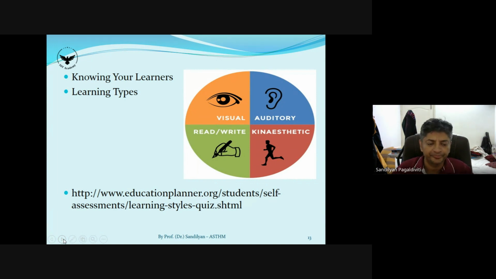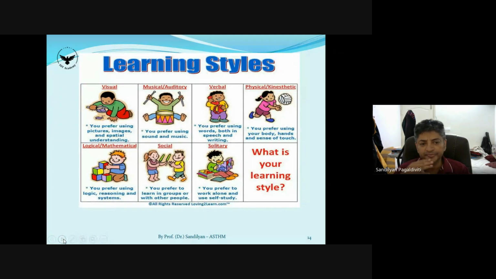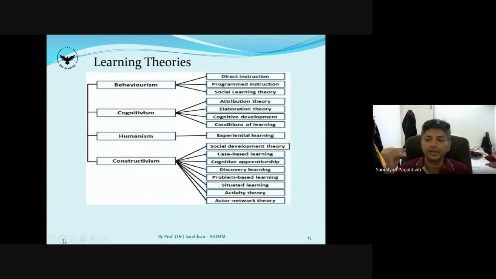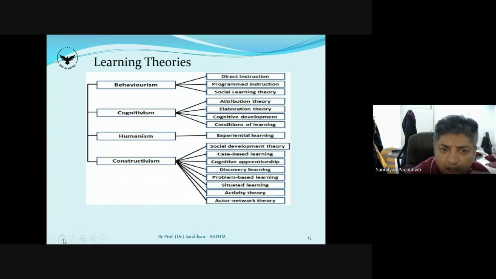Okay, next. Now I will touch a little bit on different learning theories. There are four broad theories: behaviorism, cognitivism, humanism, and constructivism. Behaviorism relates to direct instruction, programmed or social learning theory. Cognitivism relates to attribution or elaboration, cognitive development, and conditions of learning.